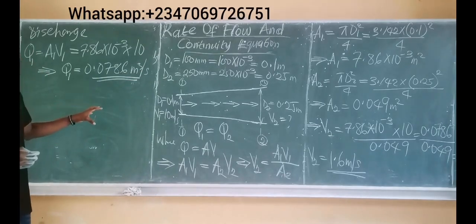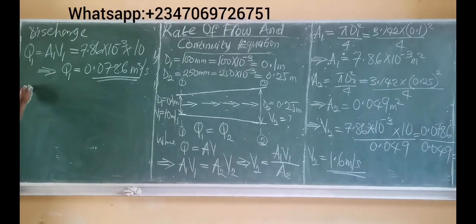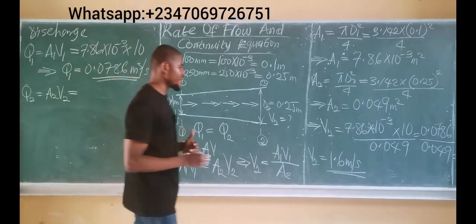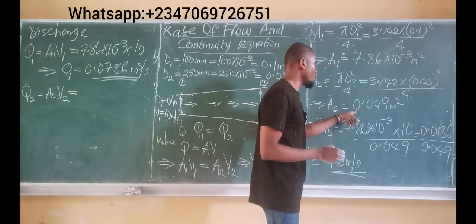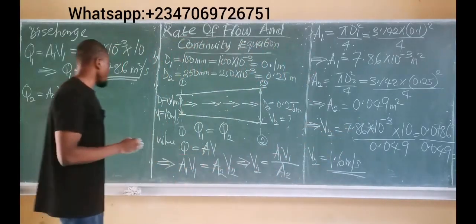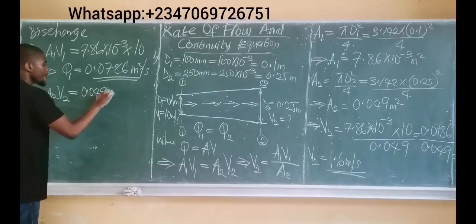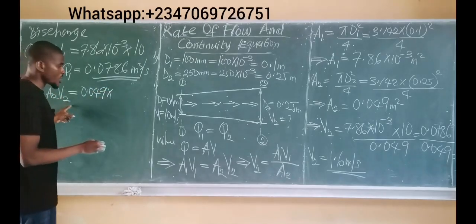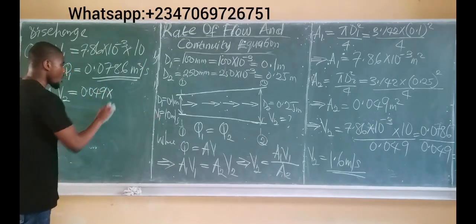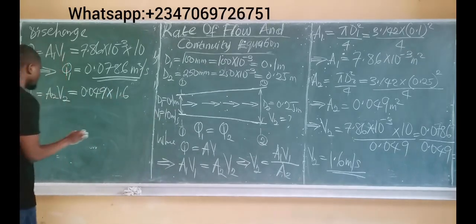But just to confirm this, let's check with Q2, which is A2 multiplied by V2. So this is going to be equal to, we obtained A2 over here as 0.049 multiplied by V2, and we obtained V2 there as 1.6.